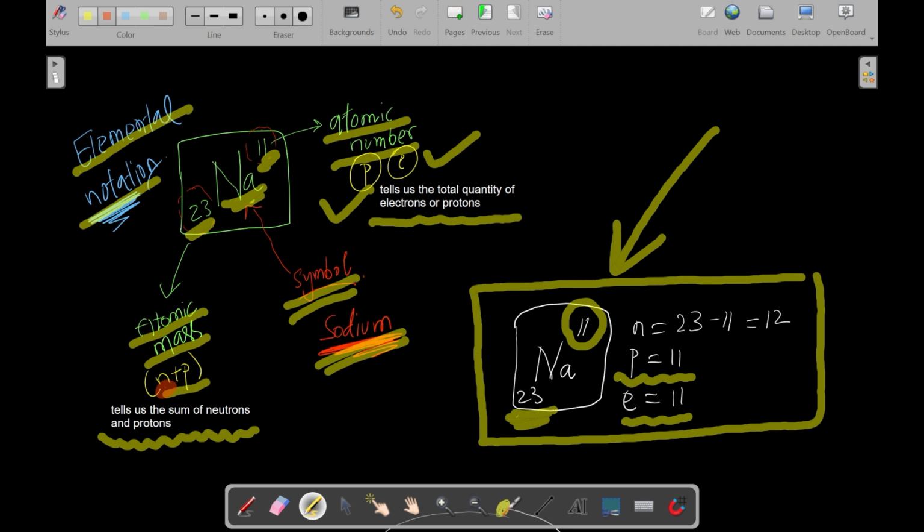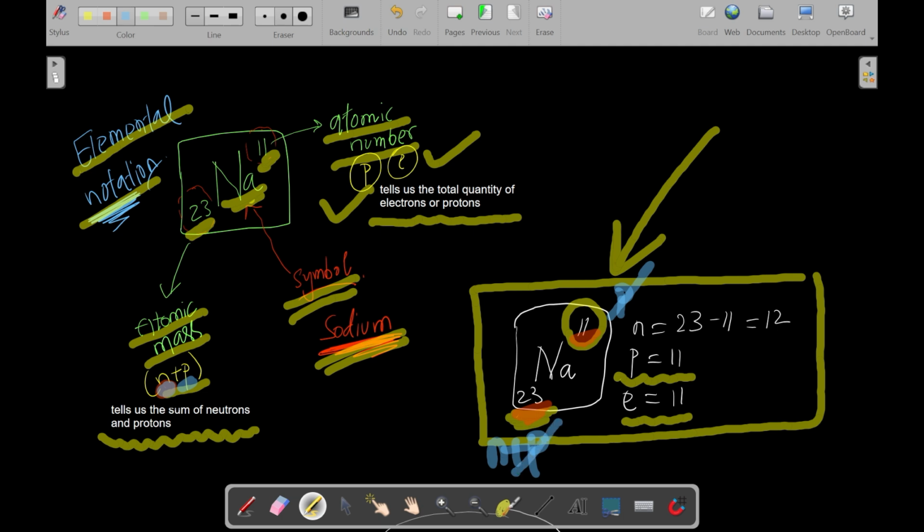The reason why this is hidden is because you need to subtract 11 from 23. Now, why do I want to subtract this? It's so that I can get the number of neutrons only, because this sum has neutrons plus protons. I know the quantity of protons, so I will subtract this quantity of protons from this sum.